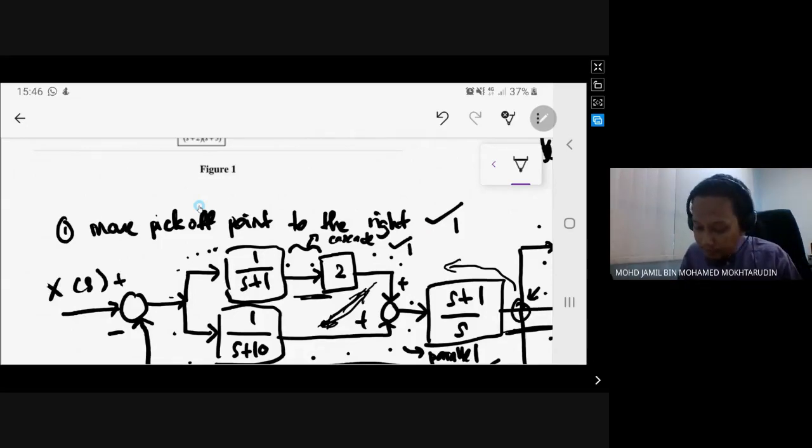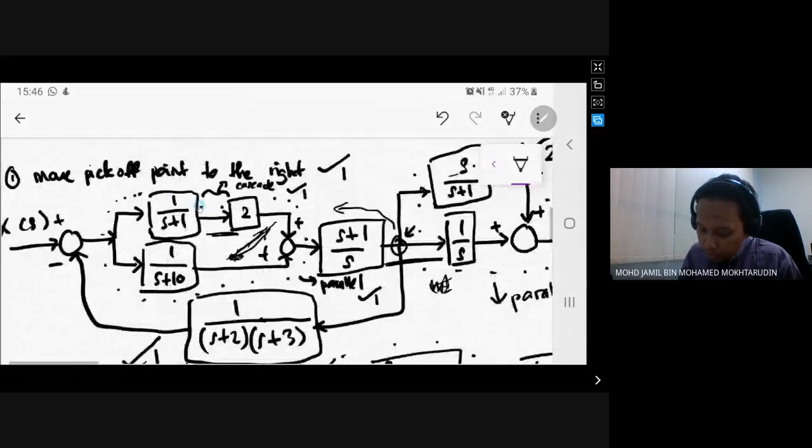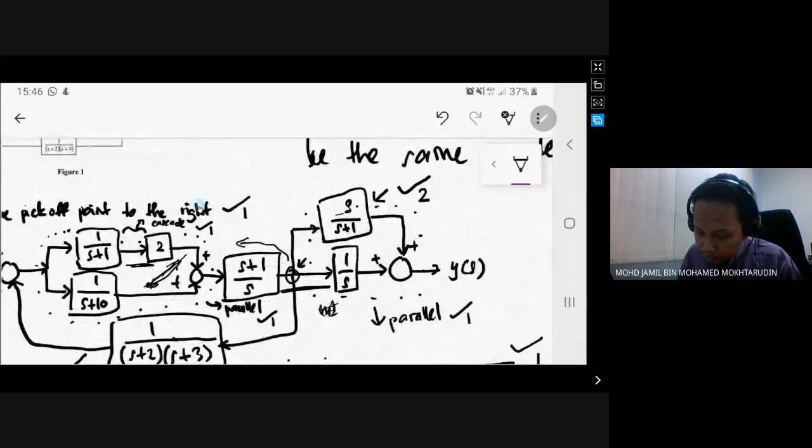Okay, after you move the pick off point to the right, then you show this s over s plus 1, then you get 2 marks. Okay, meaning that move pick off point to the right and the final calculation for pick off point, you get 3 marks. Okay, 3 marks for pick off point.